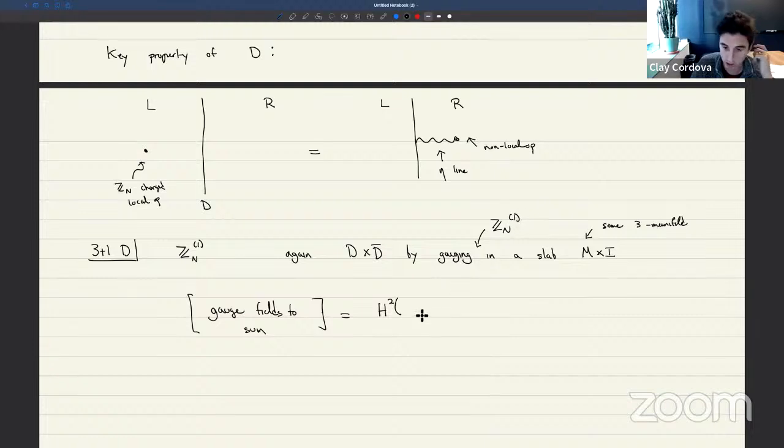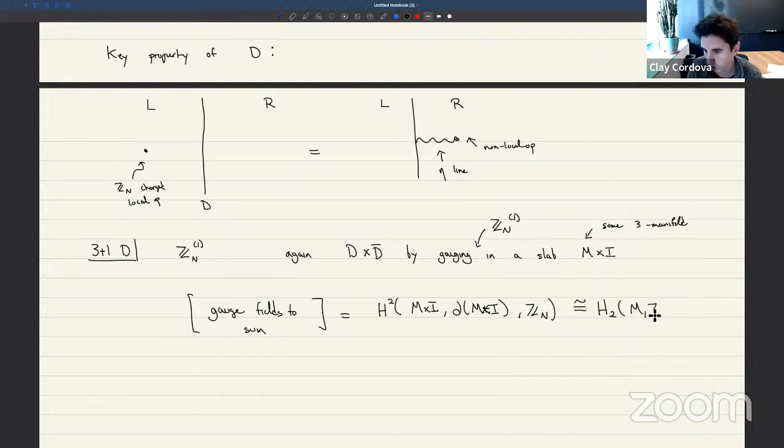It's a 1-form symmetry, so the form degree for the gauge field is 2. And they're relative cohomology classes, again relative to this boundary, again with coefficients in Zn. And provided everything is nice and orientable and so forth, I can identify this with H_2 of M, Zn.